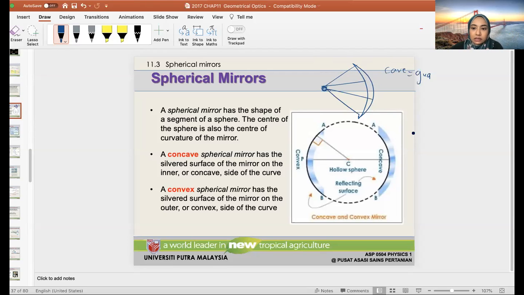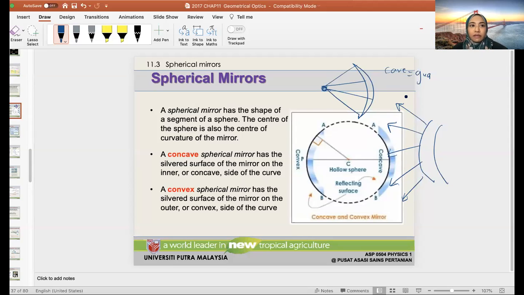Whereas convex diverges the light. So the way that I remember this is concave is like a cave, it converges light because a cave is closed in. Supposedly, I don't know if that is even right, but that is how I remember it. So caves in, converges.